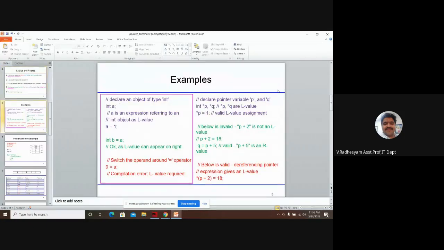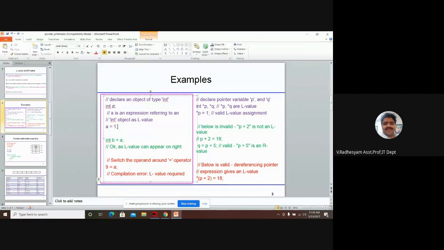Let us have some examples like this. Declare an object of type integer: int a. Here, suppose you write a is equal to 1.